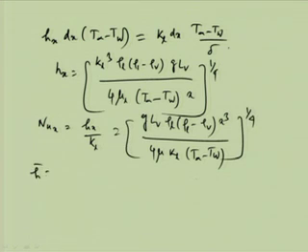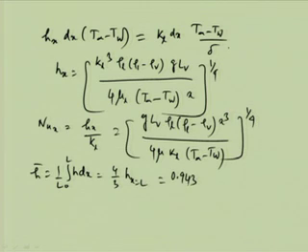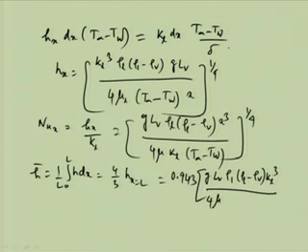Then H bar is equal to 1 by L integral from 0 to L of H dx, as we know, and this is equal to 4/3 Hx at x equal to L, which happens to be 0.943 into G LV rho L into (rho L minus rho V) into K L cube by 4 mu L into (T infinity minus Tw), whole to the power 1 by 4, and there will be 1 L.